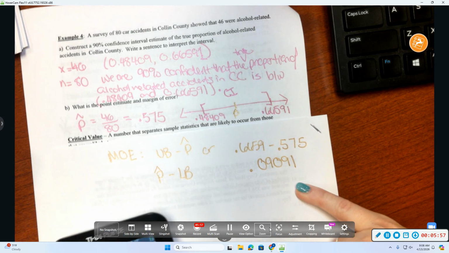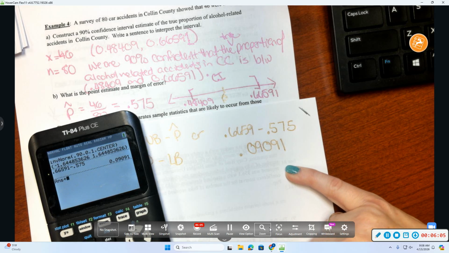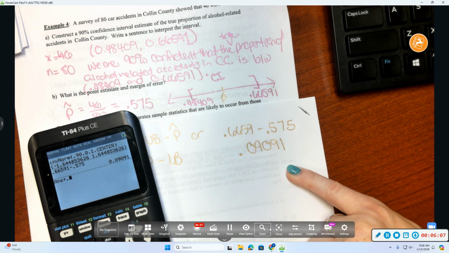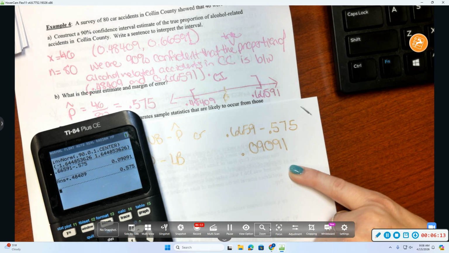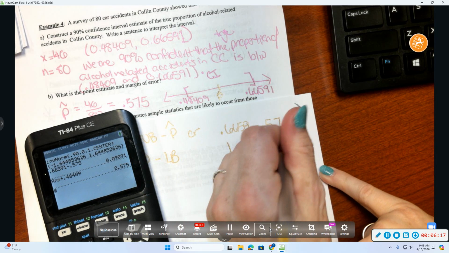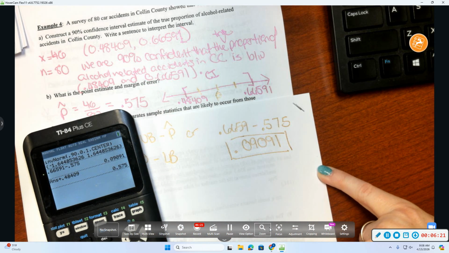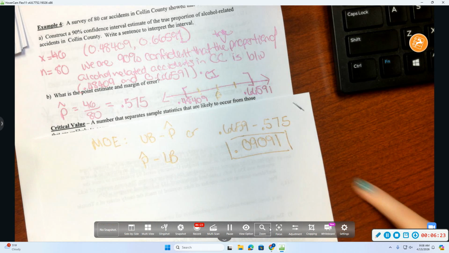And if I want to double check myself, if I add that to my lower bound, 0.48409, I should get my p hat because it's dead in the middle. Those are equal. Use some geometry notation for you. All right.